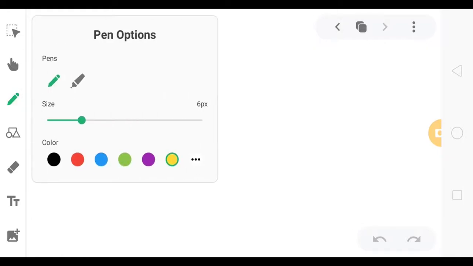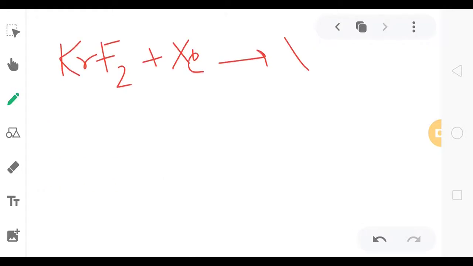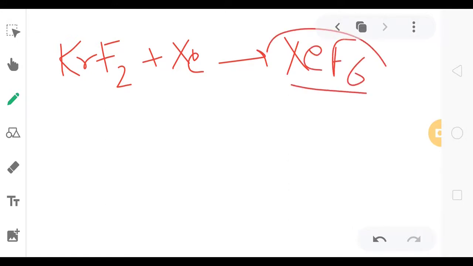All right. Now we have one important reaction, that is the reaction of KrF2 with xenon. So we will end up with XeF6, xenon hexafluoride. So you can add it to the preparation methods of XeF6.